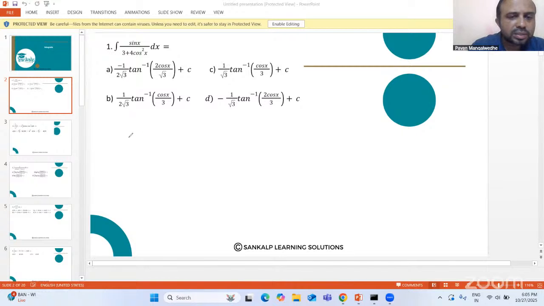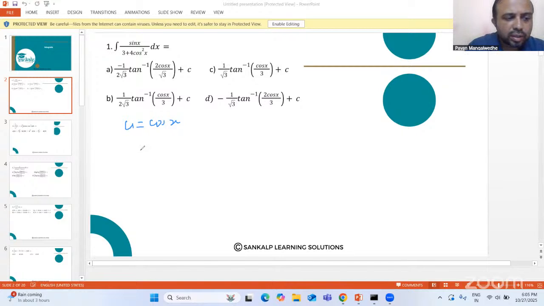So it can be solved by the substitution method. As you all know, in the substitution method, first you can choose u is equal to cos x, because it can be solved by substitution.